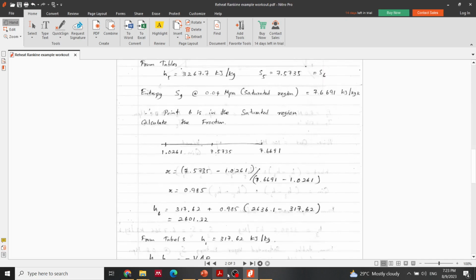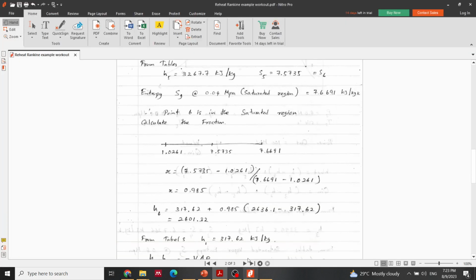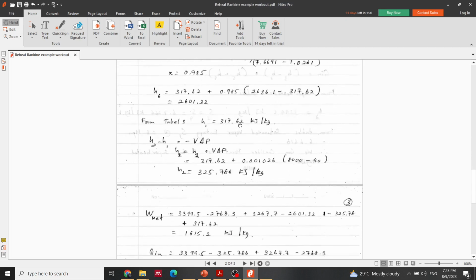So if we go back to the saturated table at 40, this is the H1 value, the HF value, 317.62, right? H1 equals this amount, and the problem is to calculate the H2 value.